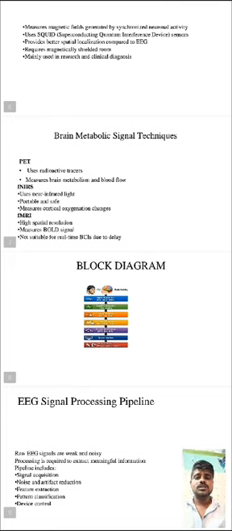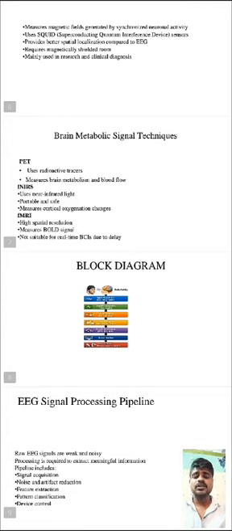Then feature extraction of the brain activity. Feature classification uses three classifiers: SVM, LDA, and CNN. The control interface then drives an external device, such as a wheelchair, robot, or computer.